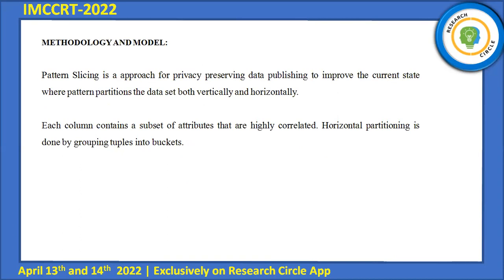Coming to the model, we are going to slice the data in such a way that we can go for a horizontal partition or a vertical partition, or in some cases a mixed partition of data as well. But basically, in this framework, I have worked on only vertical and horizontal partitioning of data.